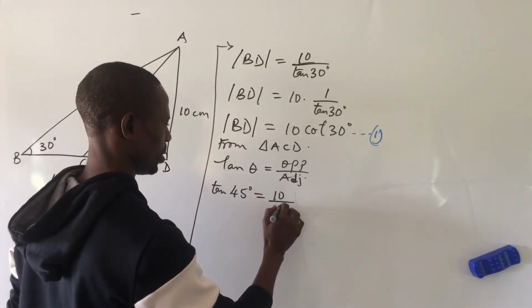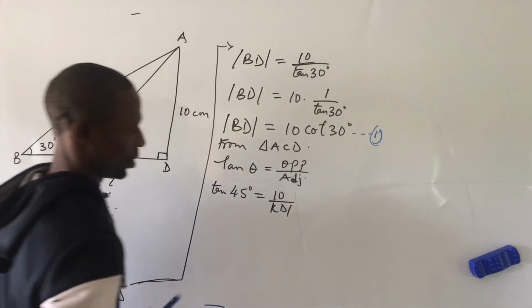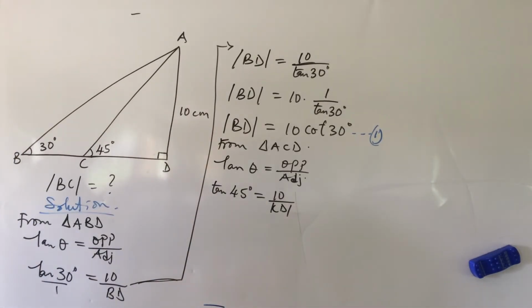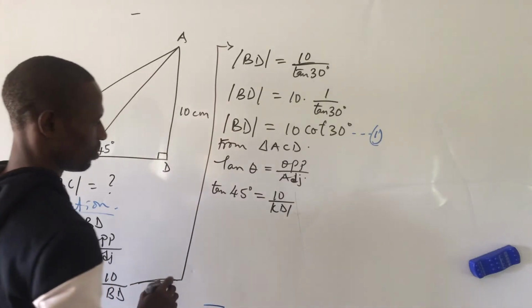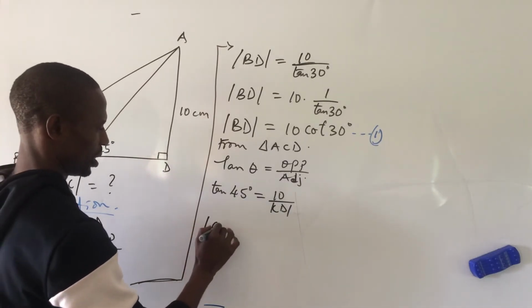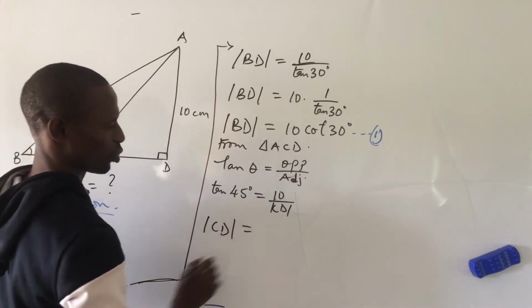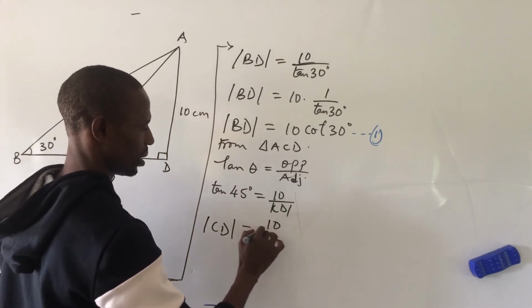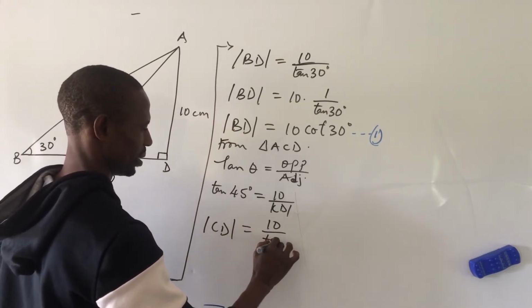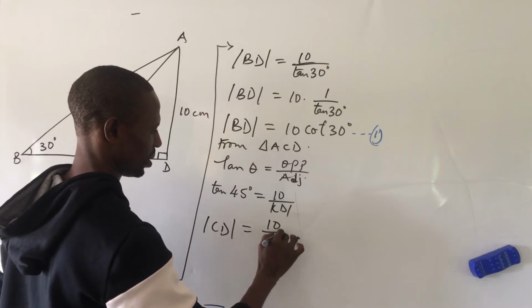We don't know line CD. If we make line CD the subject of the formula, this will give us CD equal to 10 all over tan 45 degrees.